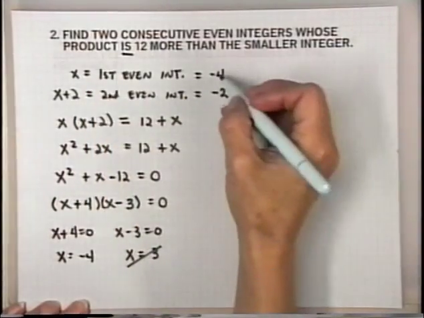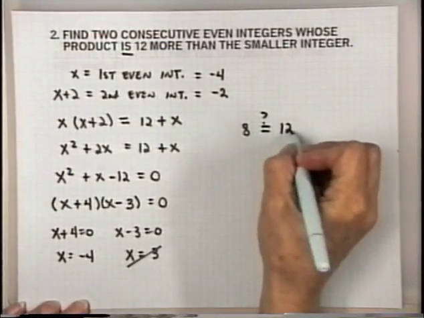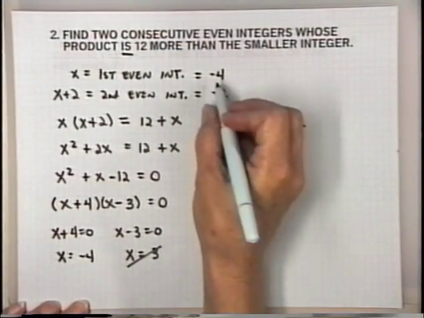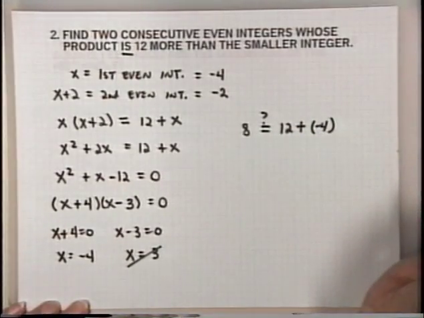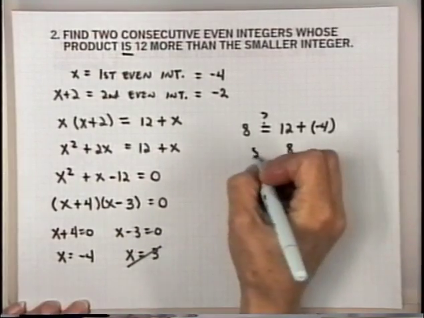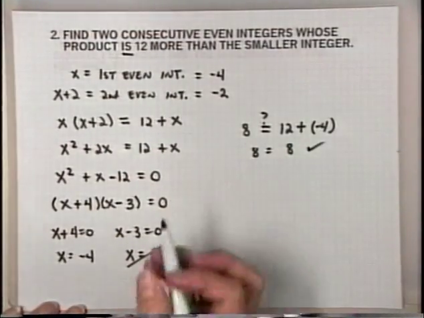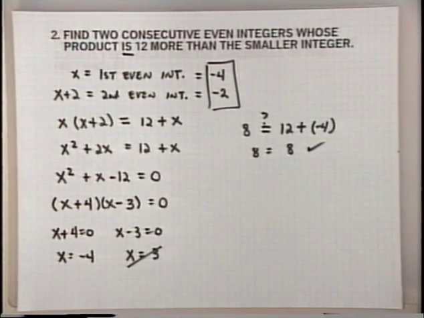Their product, multiplying these, I have a positive 8. Is it 12 more than the smaller integer? Remember, negative 4 is smaller than negative 2. 12 plus a negative 4 is 8. So we do have a correct solution here. Our two consecutive even integers are negative 4 and negative 2.